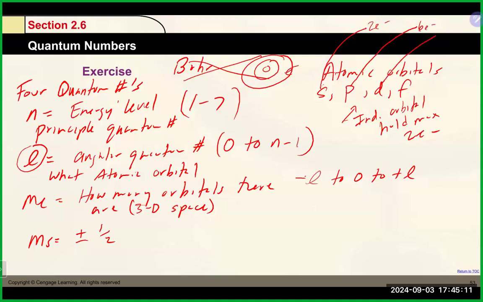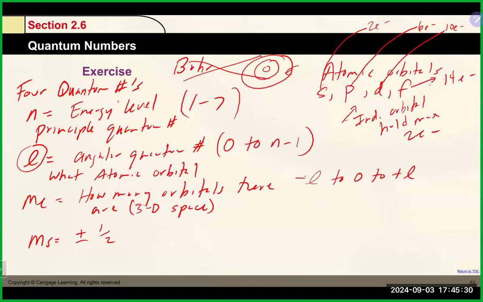If we filled up the d, which comprises 5 individual orbitals, that would be 10 electrons. And if we did our f, that would be 14 electrons, as the f subshell has 7 individual orbitals, each holding a maximum of 2. Any questions on that there?